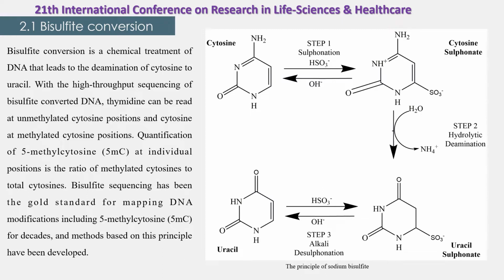Quantification of 5mC at individual positions is the rate of methylated cytosine to total cytosine. Bisulfite sequencing has been the gold standard for mapping DNA modifications, including 5mC, for decades, and methods based on this principle have been developed.